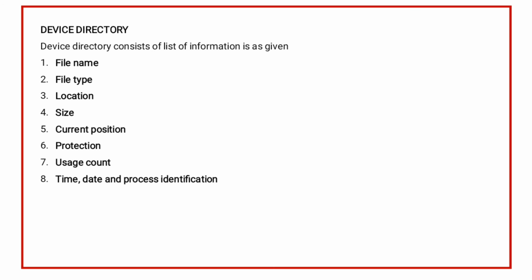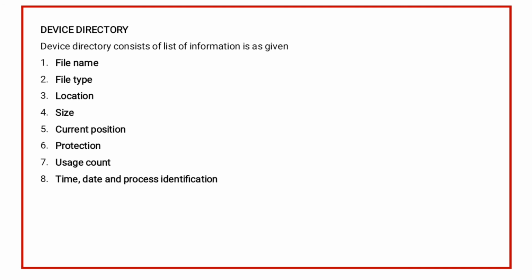Third is location, which is the pointer to the device and the location on that device of the file. Fourth is size, which is the current size of the file in bytes, words or blocks. Fifth is current position, which is the pointer to the current read or write position in the file.